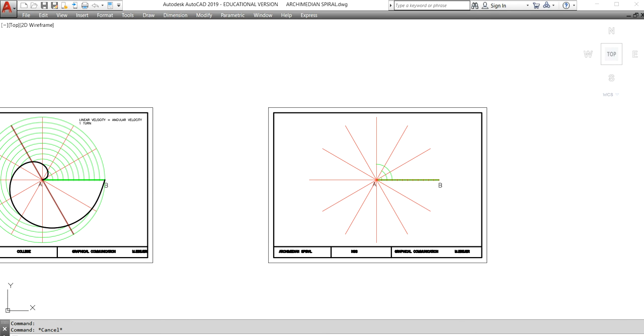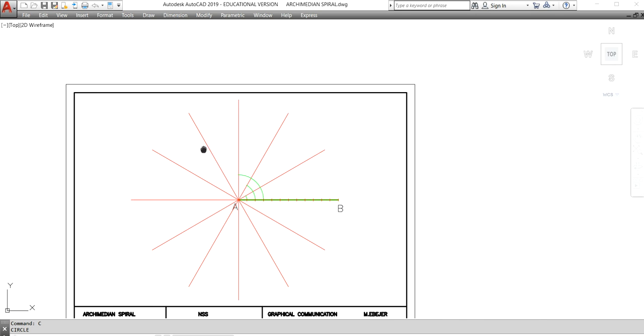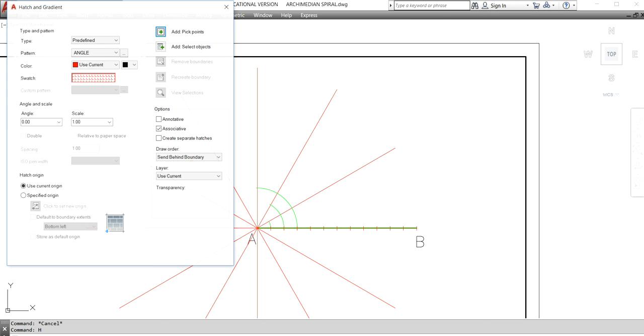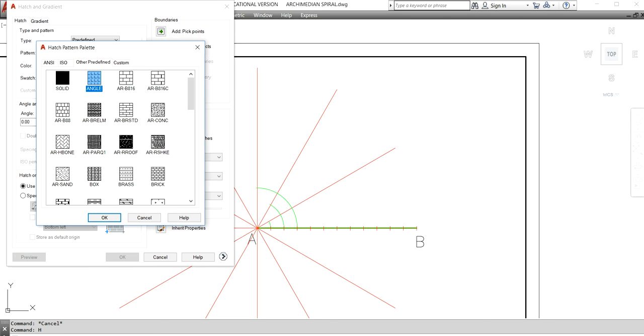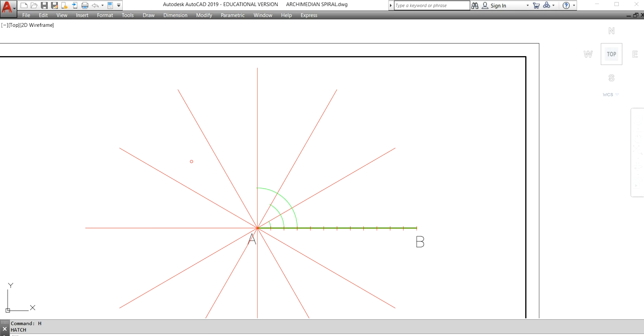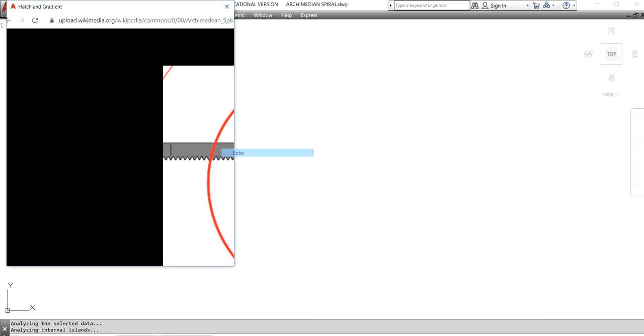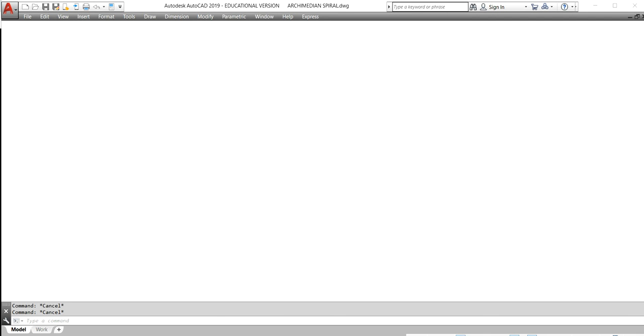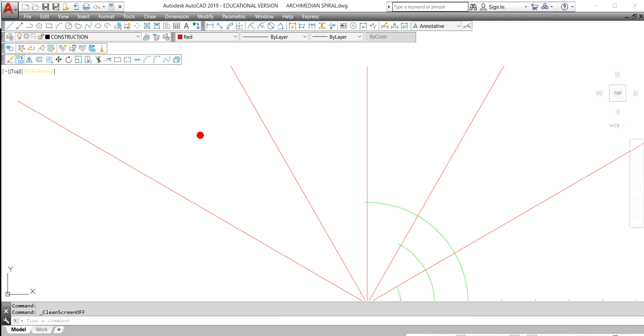Okay, I'm going to do a small circle to represent the points. You can just do a tiny point with the pencil.